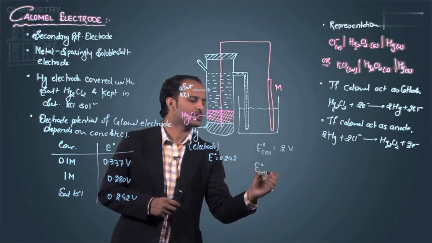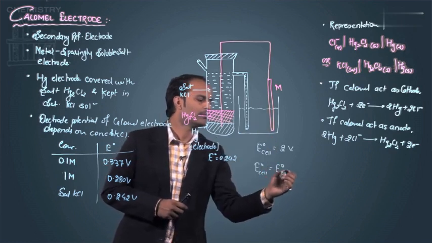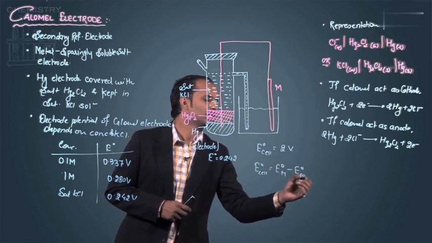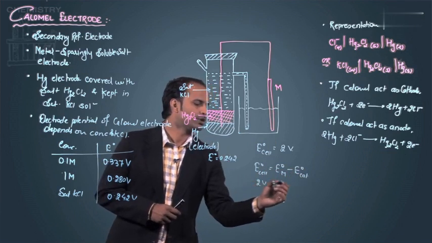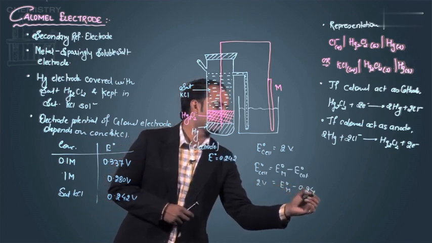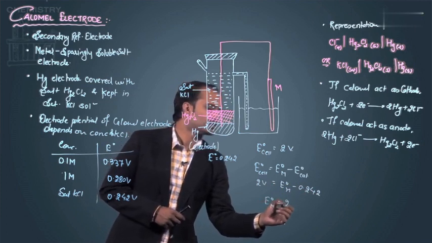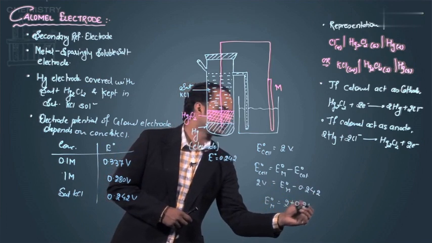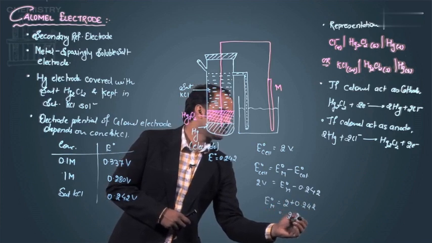E naught cell is equal to, let it be the cathode, E naught of M minus E naught of calomel electrode. So 2 volt equals E naught of M minus 0.242, so E naught of M is 2 plus 0.242, that is 2.242 volts.